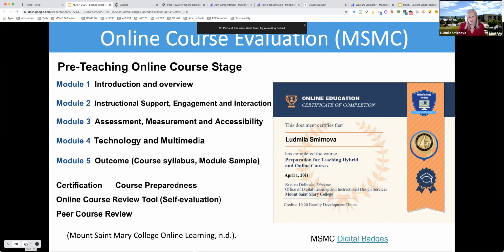And this summer, a team of faculty experienced in online teaching are invited to participate in the review of our learning management system platform, the rubrics review, and the process of evaluation, because faculty are required, before teaching online, to take this pre-teaching online course, where they learn about all the principles of online teaching.